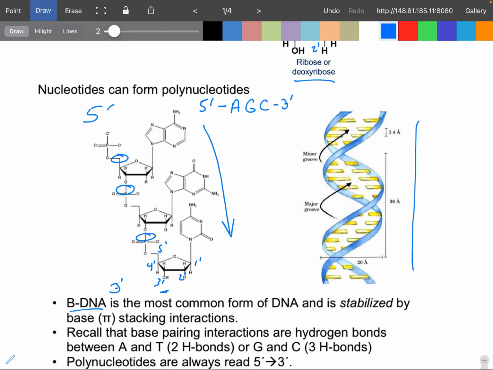Remember that they're stabilized by pi stacking interactions, and so that's what's holding all of this together. There are, of course, hydrogen bonding interactions that provide the specificity for AT and GC base pairing. So, of course, these groups here, here, and here are responsible for the base pairing interactions that we see.